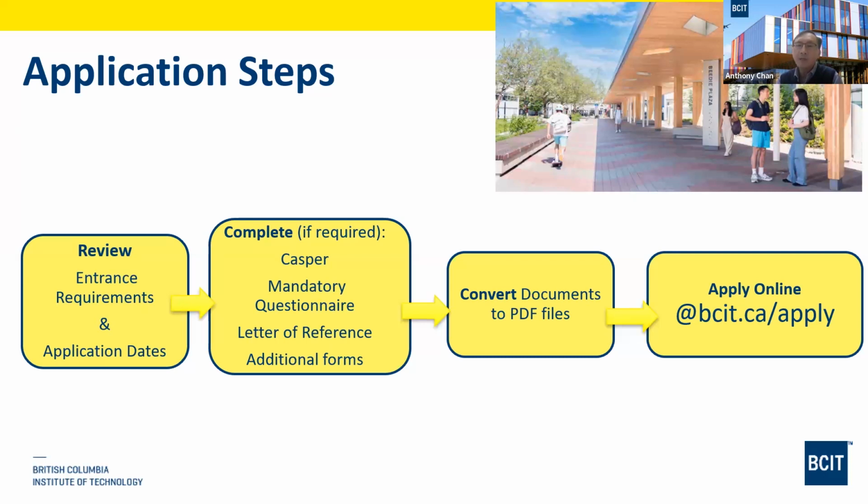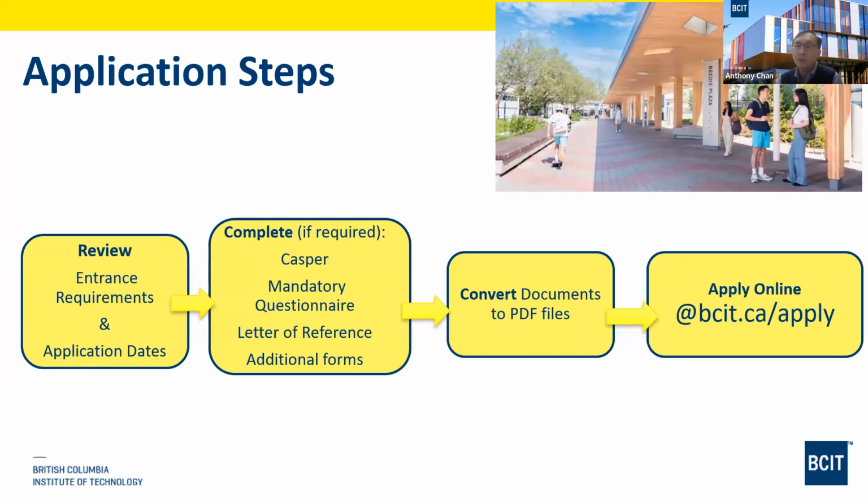If you are qualified, if you have met the minimum requirement, you can put in the application. And then there are some forms that you need to fill out, questionnaire, some self-assessment form, etc. And then you just need to submit the documents in PDF file. And that will complete your application.